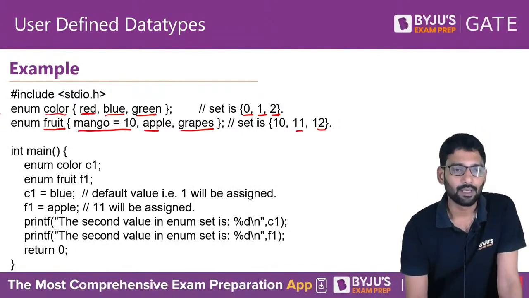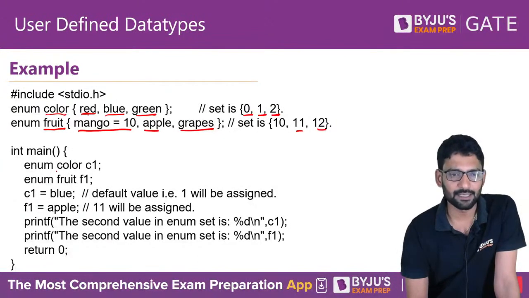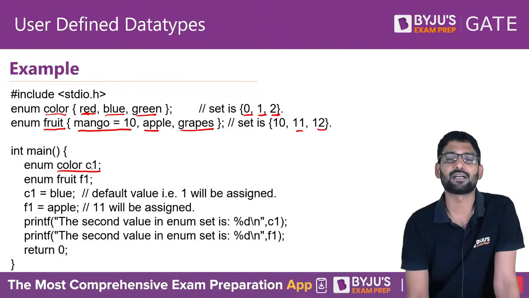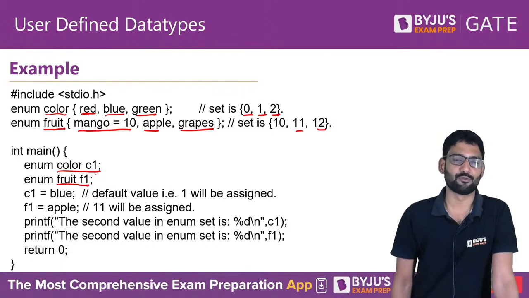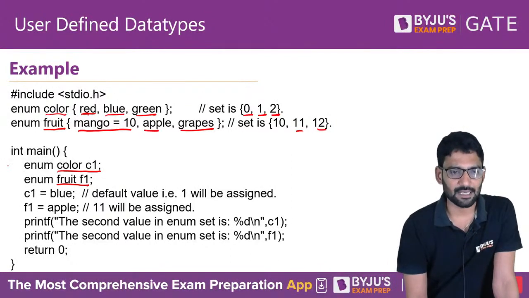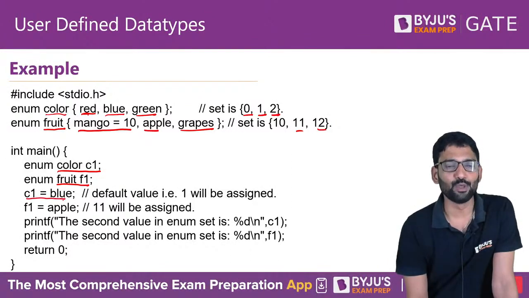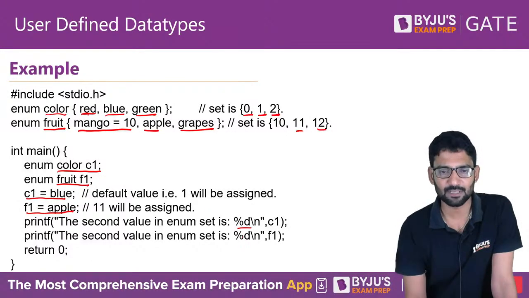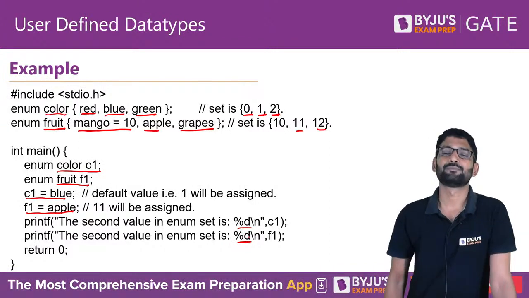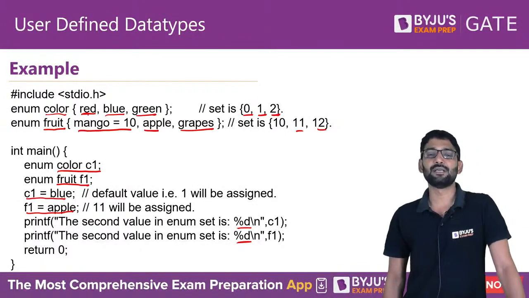Now, in the main, I am creating an instance for this data type, C1. Similarly, an instance for fruit data type, F1. And if I assign C1 equal to blue, F1 equal to apple, and if I print them, how am I printing? Please observe the format specifier. What is the format specifier?